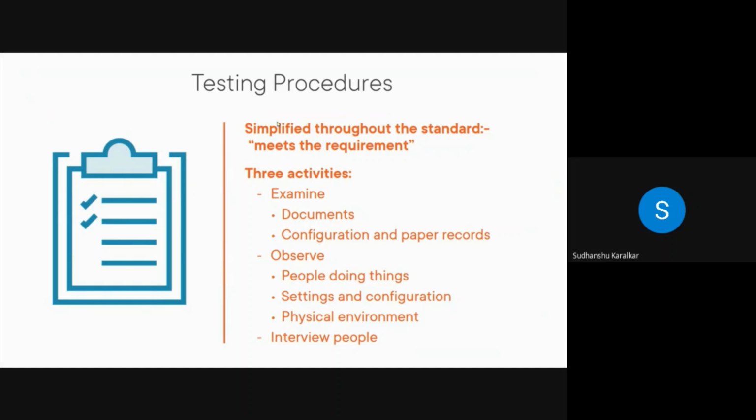Or you observe: you observe people, the settings and configuration, and the physical environment. And the third is interviewing people to get information and see if they are abiding by the policy. So these are the three main activities for testing procedures.